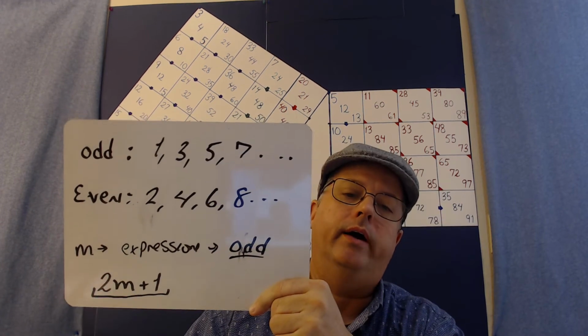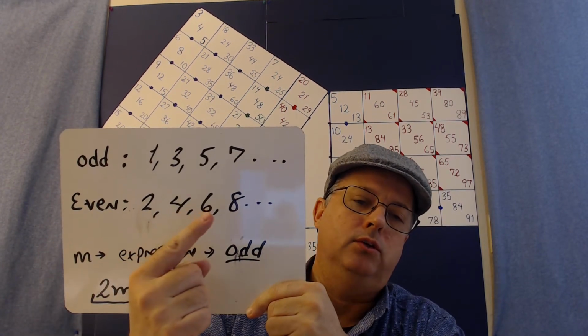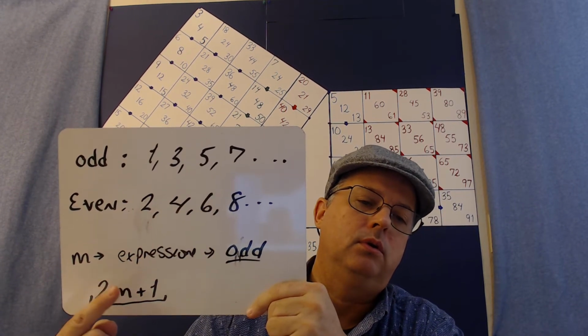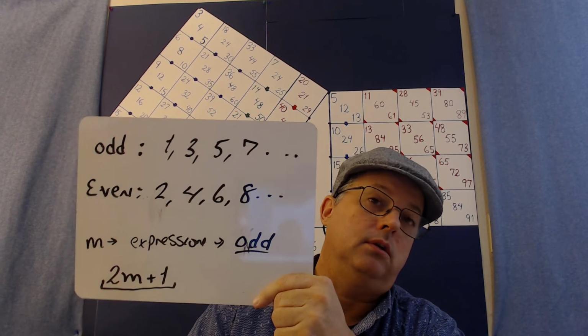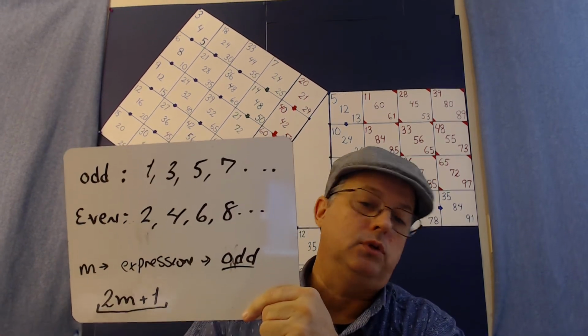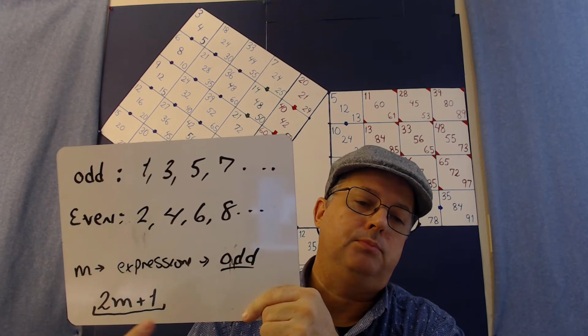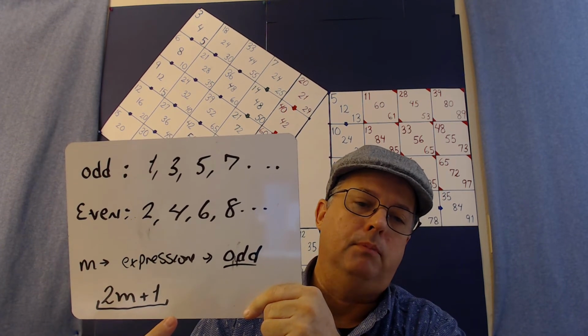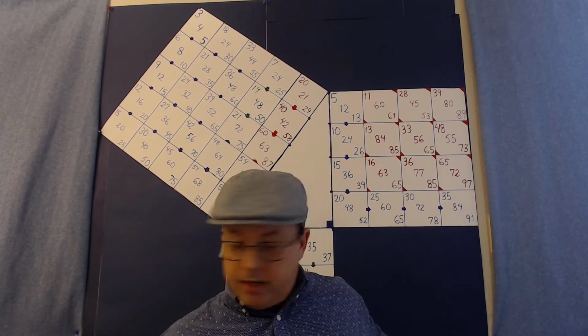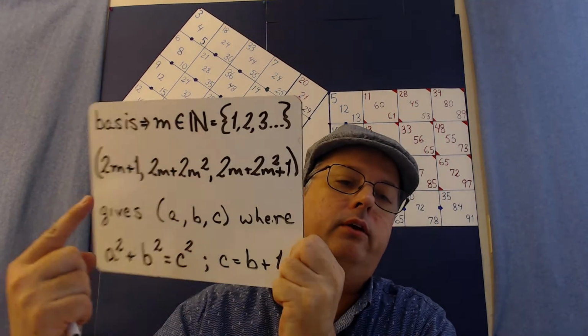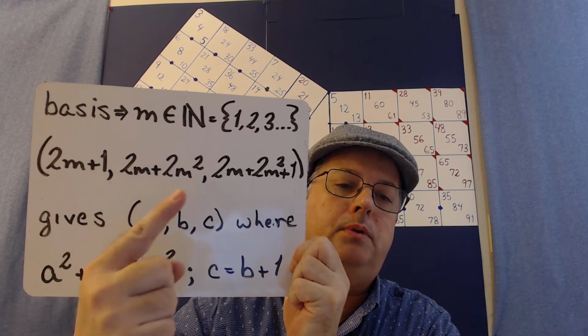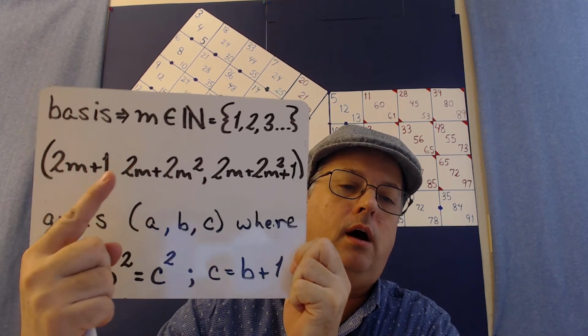Okay, we got odd. Or if we say 2 times 6 is 12, and then plus 1, that's 13. So we got odd numbers all the time. So this expression always leads to odd numbers. And so that's why we have that expression here in our formula that generates Pythagorean triples. We start off with an odd number.